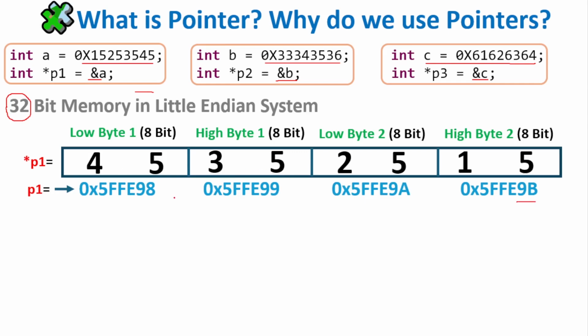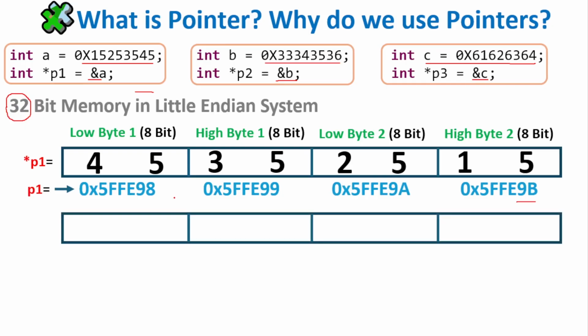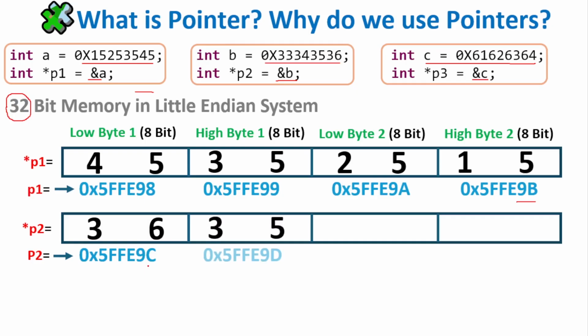The second box just below it belongs to p2, starting at 5FFE9C and ending at 5FFE9F, containing 33, 34, 35, and 36.